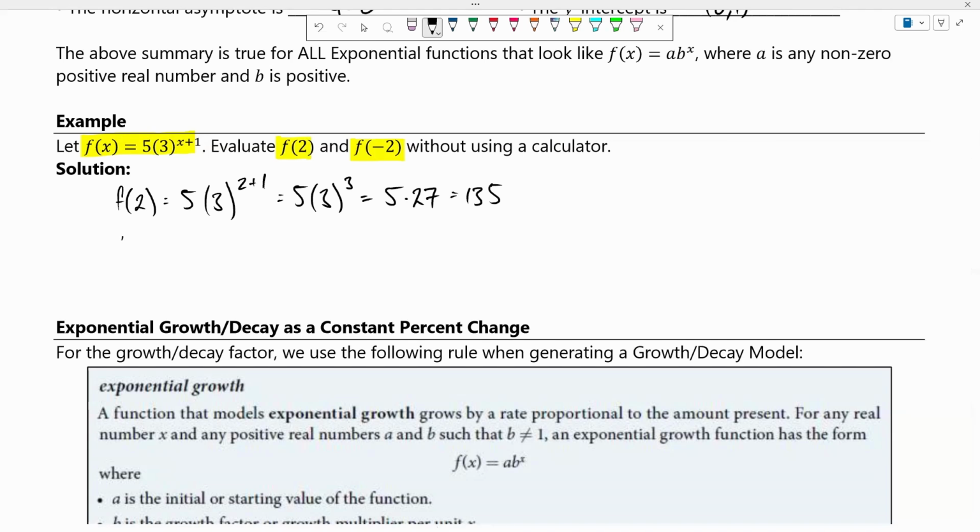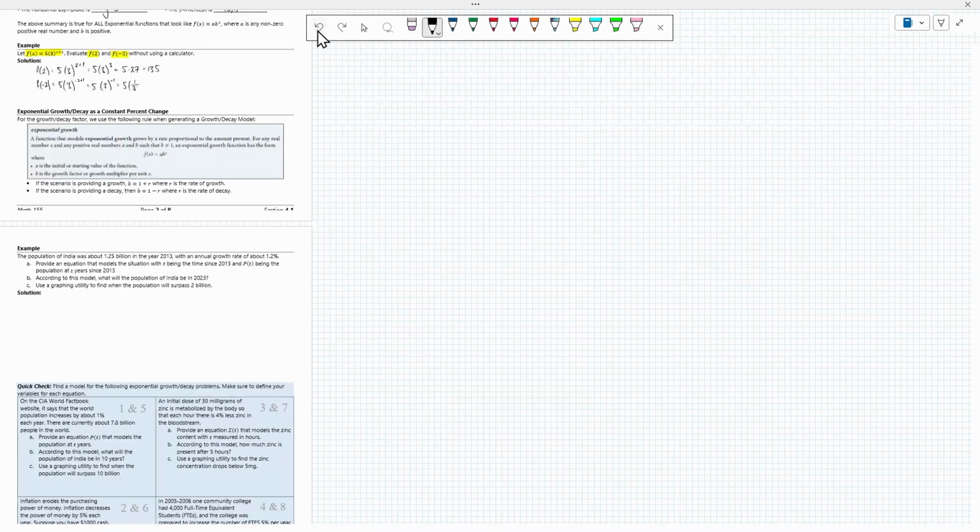f of negative 2 is exactly how you think it's going to be: 5 times 3 to the negative 2 plus 1. So negative 2 plus 1 is still going to be negative 1. Now, here's a little bit of the rule: 3 to the negative 1 is equivalent to 1 over 3 to the 1 power. 3 to the 1 power is still 3.